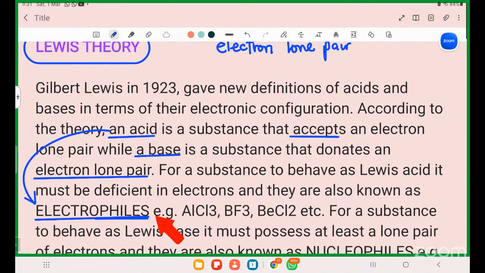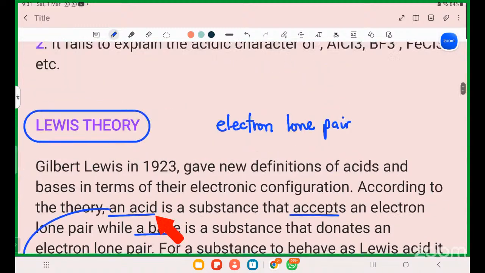Okay, somebody dropped a question. The person says, is there any theory that supports H2O as an acid? Yes.